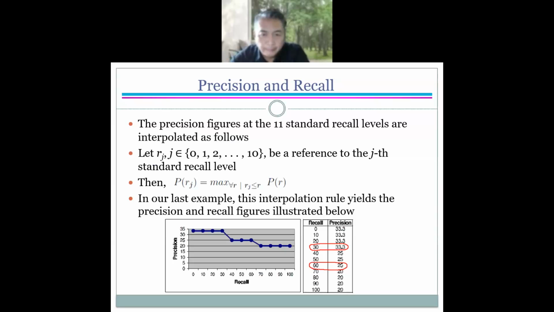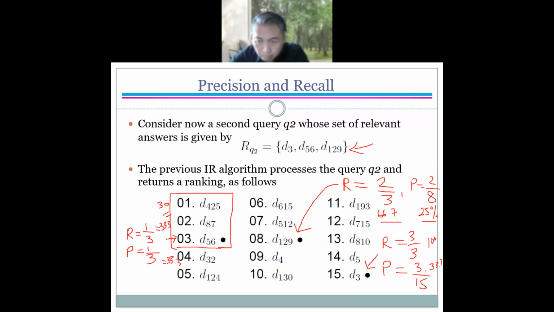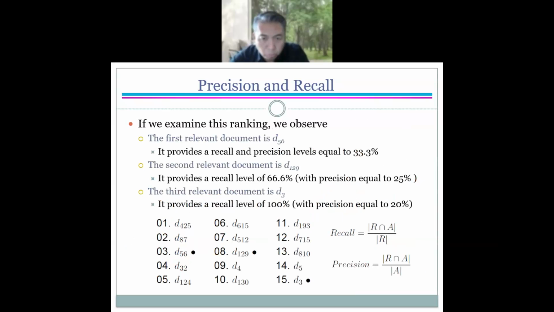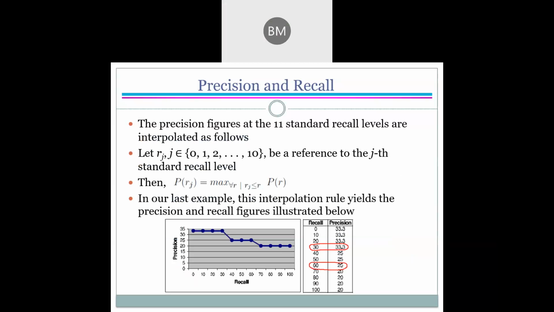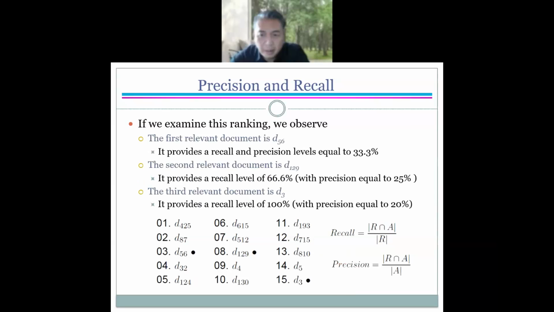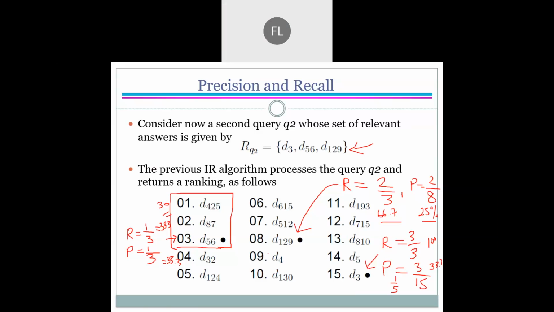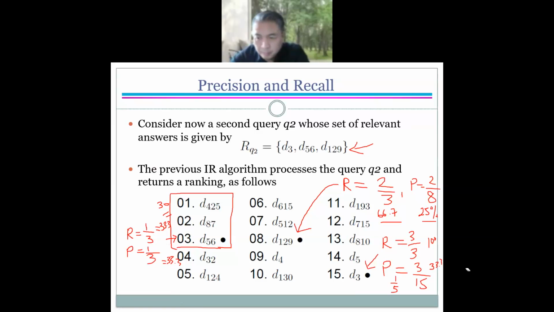Why 20? Isn't that a mistake? Yes, we have 3 over 15, so 20%. 1/5, yes, I thought it was 1/3. Whenever I see 3, I always think 1/3. So this is 20%.